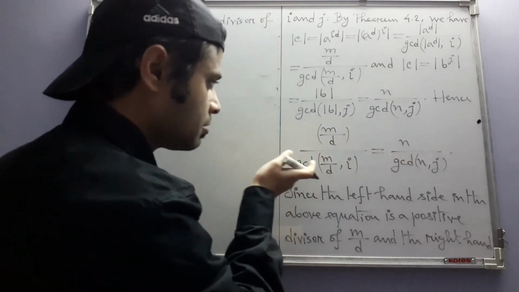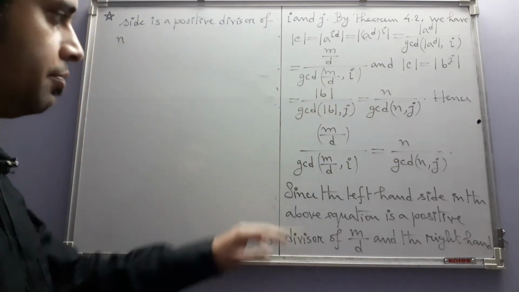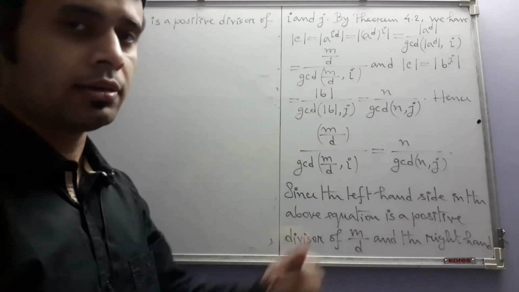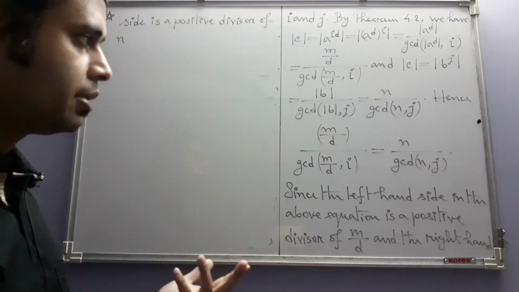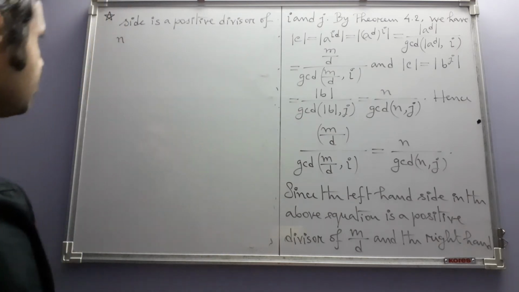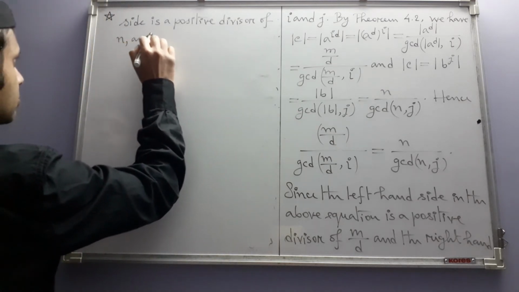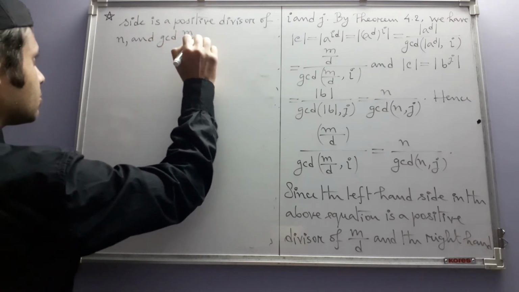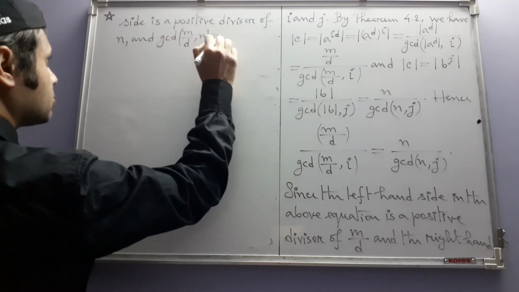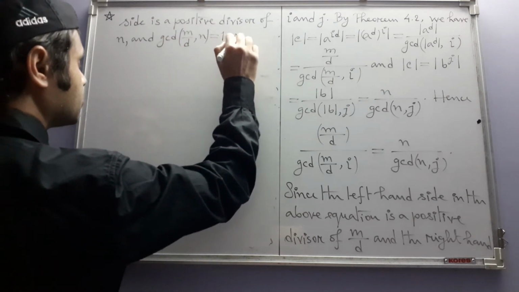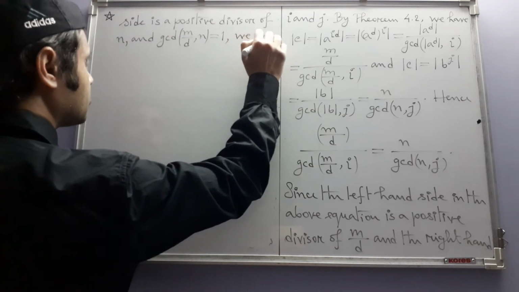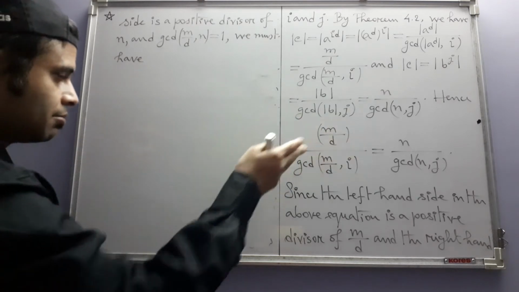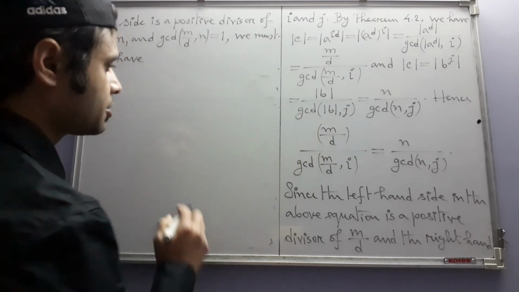So this common positive integer is both a positive divisor of m by d and n, but we know that m by d and n are relatively prime. We must have both of them equal to 1. That is the only possibility.